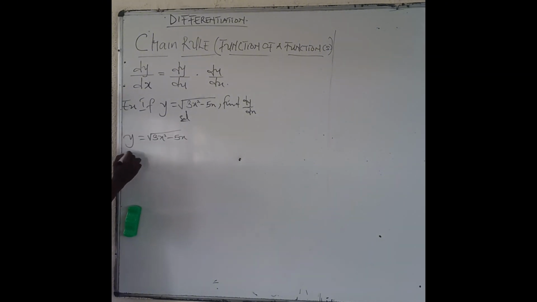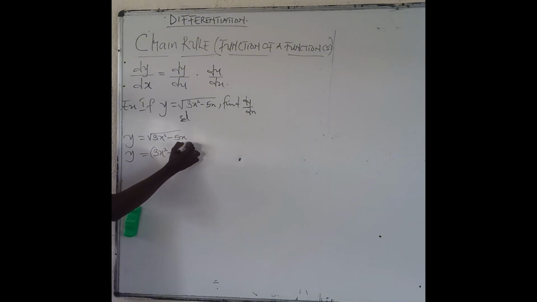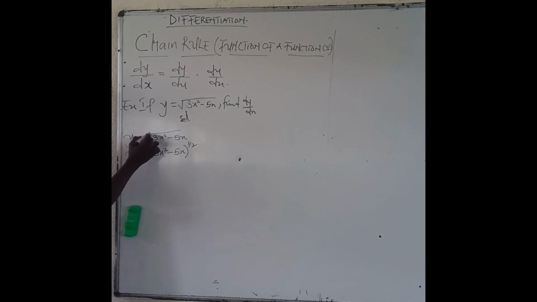From the law of indices, the square root is going to be (3s squared minus 5s) raised to the power of 1 over 2. If it were a cube root, it would be raised to the power of 1 over 3. But the question said the square root of 3s squared minus 5s.